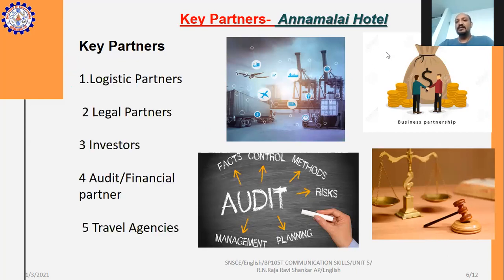If you look at the partners, audit and legal partners, number two and four are quite important because without going through this kind of legal problems or things like that, we should be able to establish a system without any problem. You build a hotel and everything and then somebody comes, this is a government land, this half feet is government land, or this is a private property which you're not supposed to put a wall on.